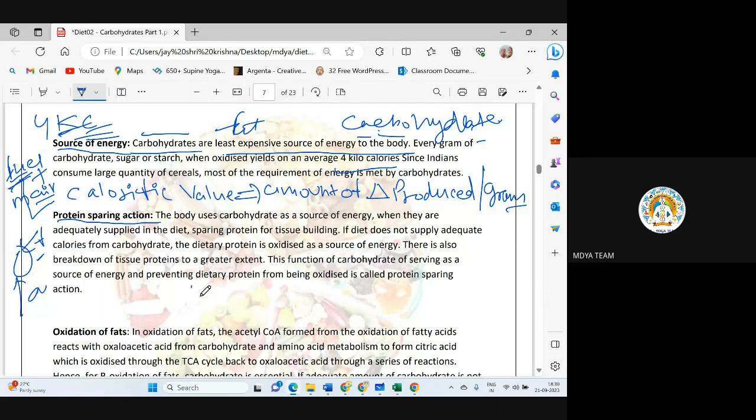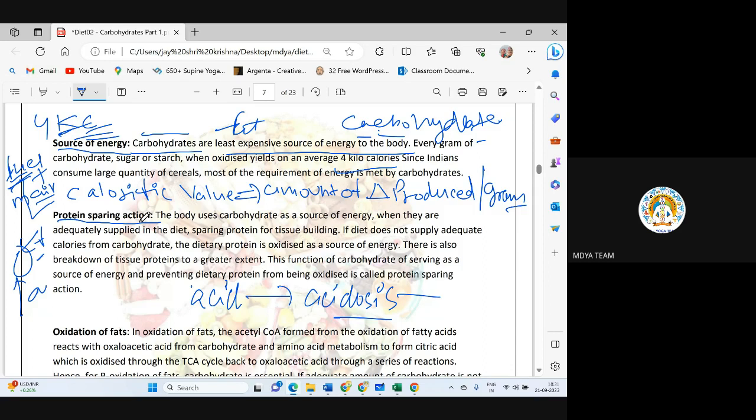Similarly, when carbohydrate is used as fuel, there is no production of waste. But when our body uses protein, there is production of many acids. This acid gets accumulated in our body, and this is known as acidosis. This is the first consequence of the use of protein as fuel.